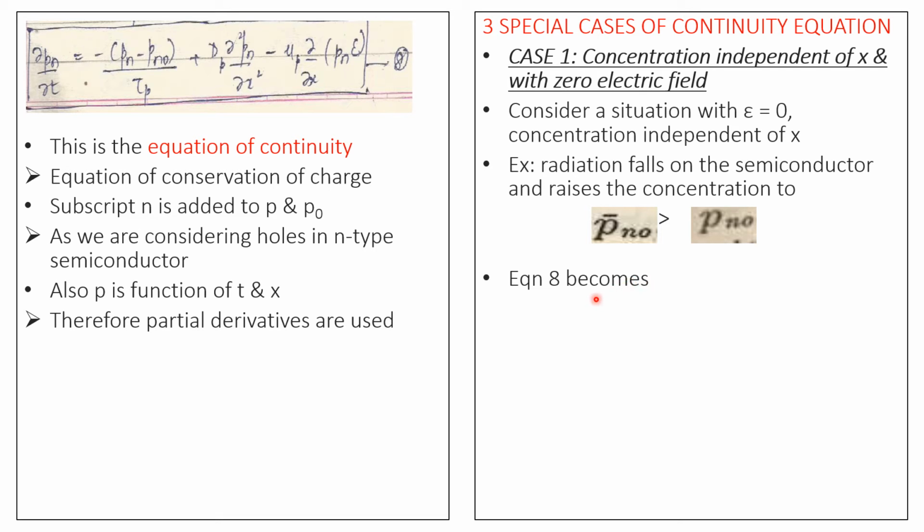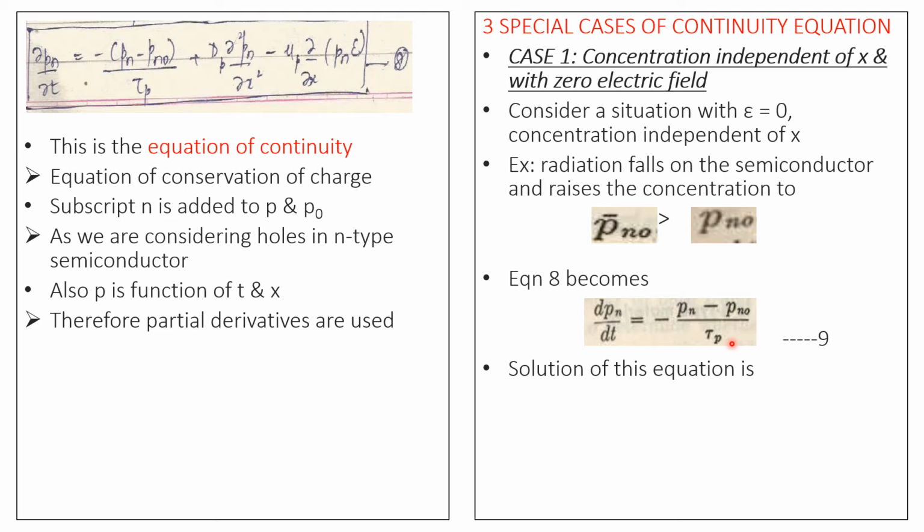Equation 8, that is the continuity equation, will then become, E is 0 and here the concentration is independent of x, so both these terms will go. So what you get is dp_n/dt is equal to minus of (p_n minus p_n0) by tau_p. Equation 9. Solution of this equation can be written as p_n minus p_n0 is equal to (p_n0 bar minus p_n0) into e raised to minus t by tau_p.